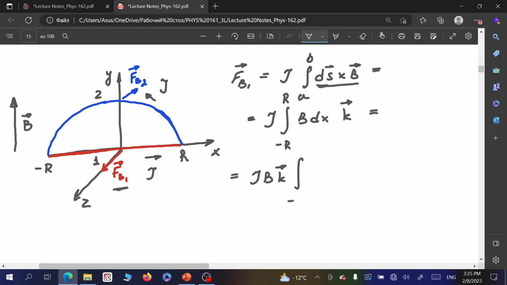Eventually, we have integral from minus r to r of dx. So this will give us I times B times k unit vector, and this will be r minus minus r.